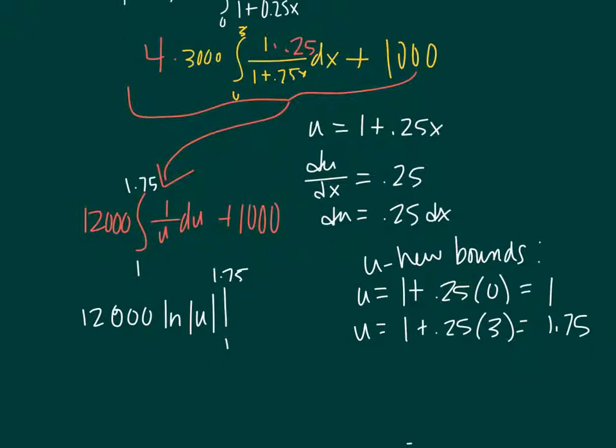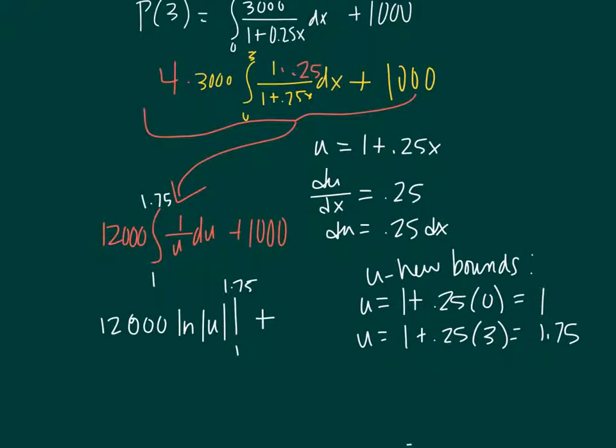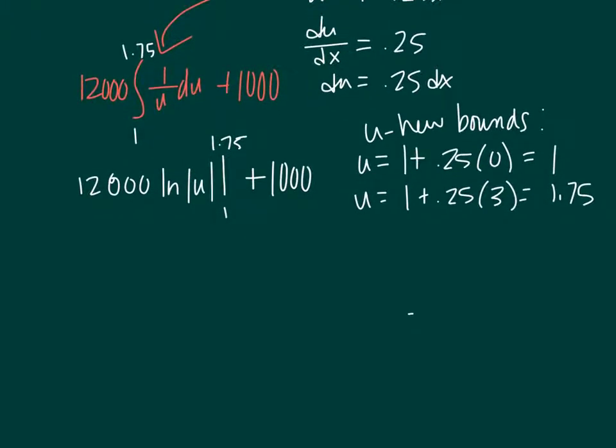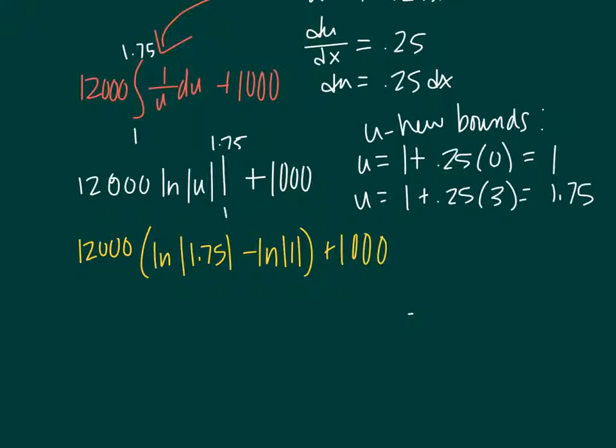And don't forget that I have that plus 1,000 at the end. 12,000 times the natural log of 1.75 minus the natural log of 1, plus 1,000. So notice I did not plug in my u back, like I didn't plug in 1 plus 0.25x, because I found new bounds to go with the u's.